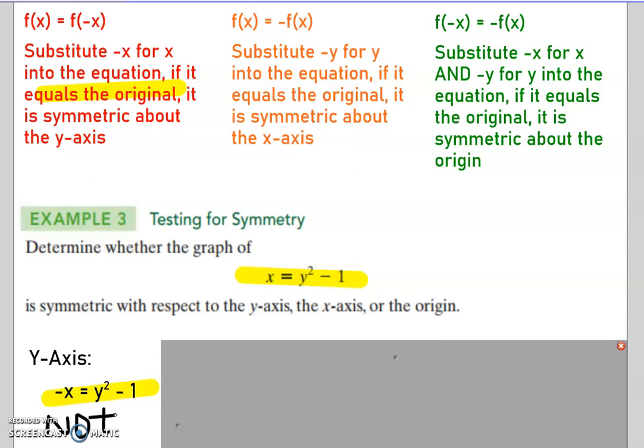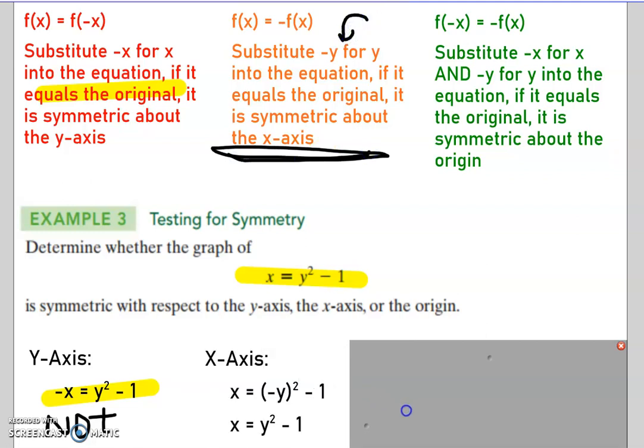So now let's test for x-axis symmetry. So in order for me to test x-axis symmetry, we need to replace the y with a negative y. So let's go ahead and do that. So I have x equals, I put that negative y in, squared minus 1. I simplify. Guys, negative y squared, negative y times negative y, gives me a positive y squared.